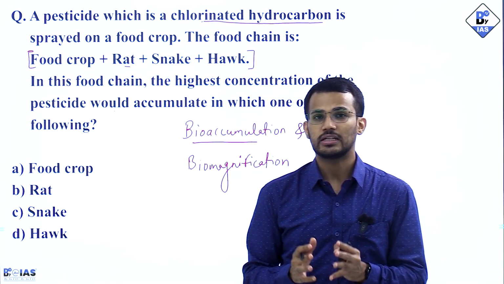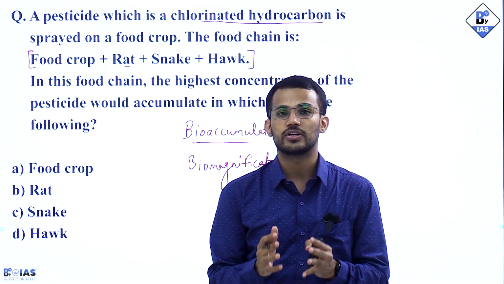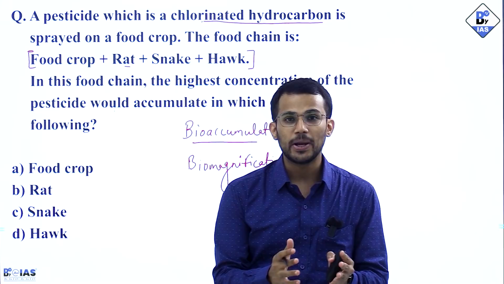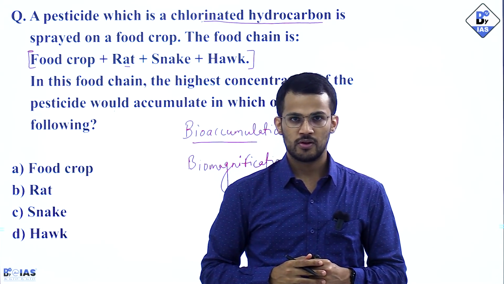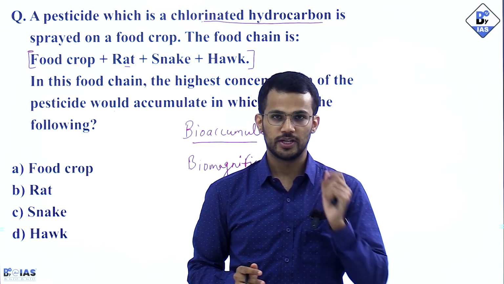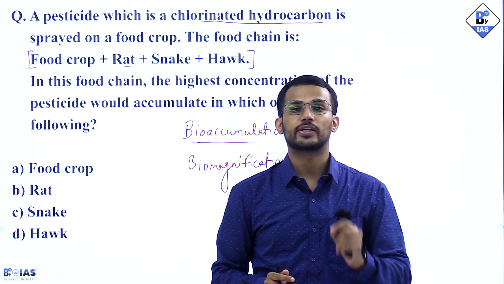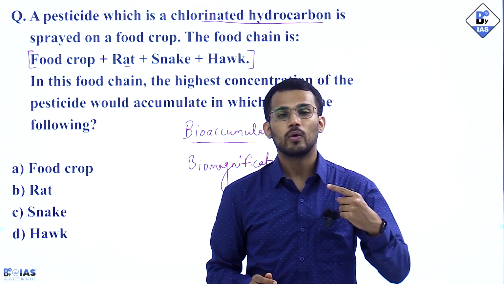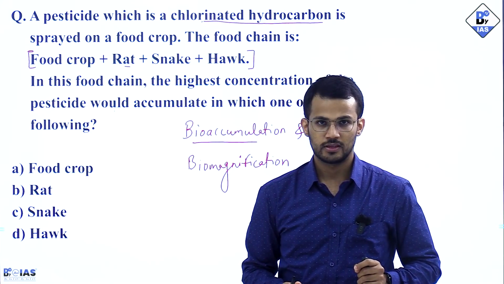So bioaccumulation is increase in the concentration in the body compared to the environment, right? So that is bioaccumulation, and this process of bioaccumulation occurs over a period of time.